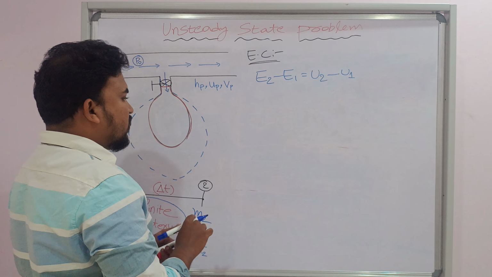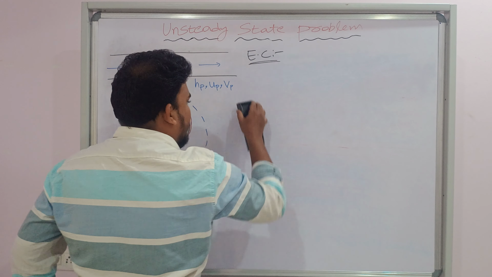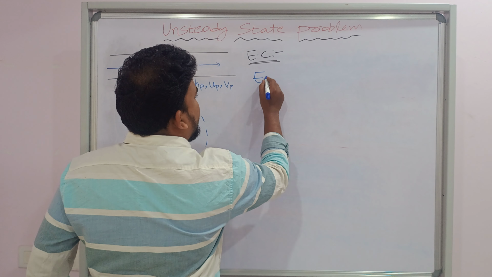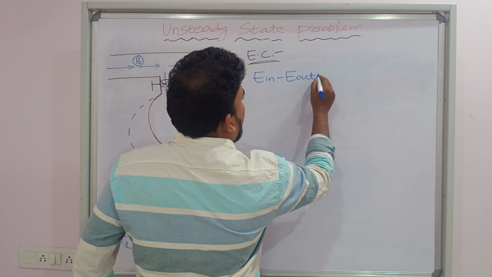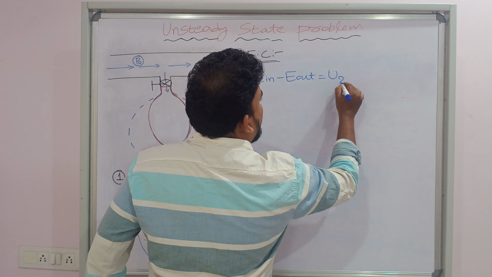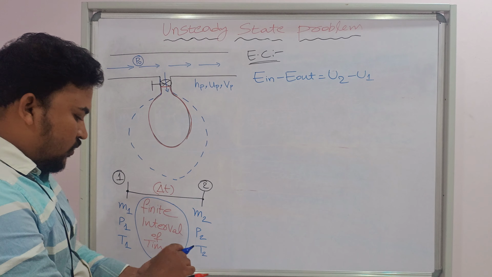Okay, sorry, not this one. Energy in minus energy out is equal to U2 minus U1.